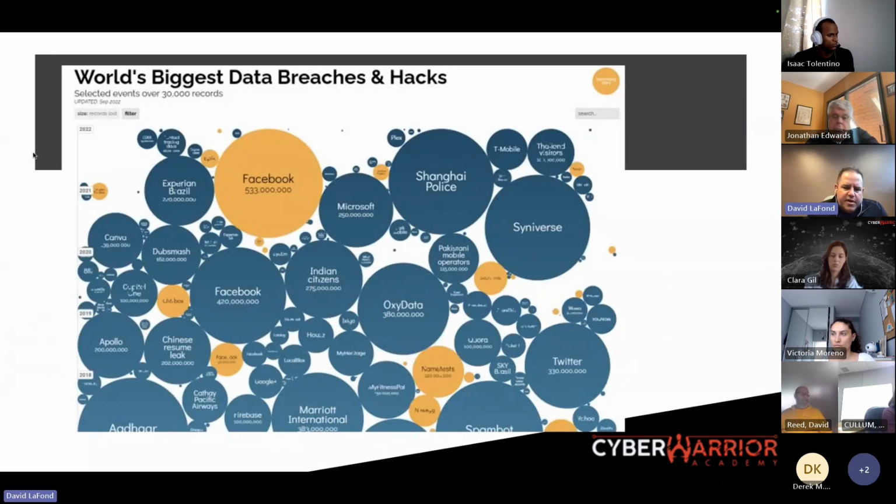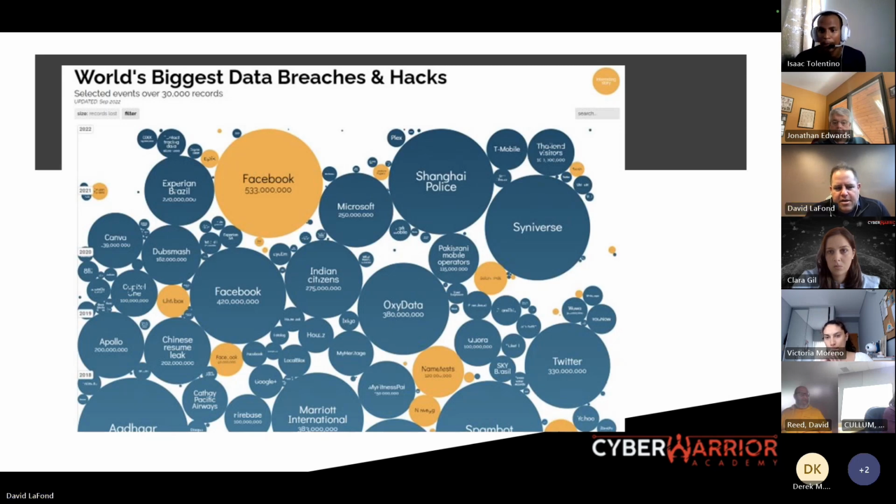So here is that picture blown up. Here are some of the larger events, 30,000 records or more. And these events, if you look, are growing in nature. They're not necessarily shrinking in the number of events, nor in the number of records affected. And while one might surmise that all these records could be overlapped and similar, it's not always the case.